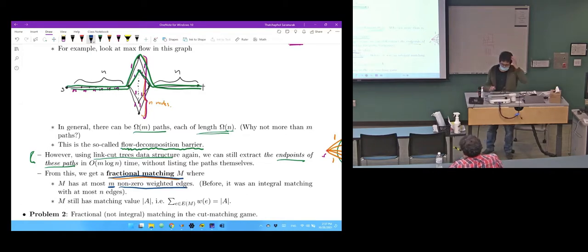But there will be only m non-zero weighted edges in this fractional meshing. And why is that actually? Because total edges in the graph are becoming 0, so some of them are removed. Right, exactly. If you do flow path decomposition in any flow, in any graph, there can be at most m many paths.